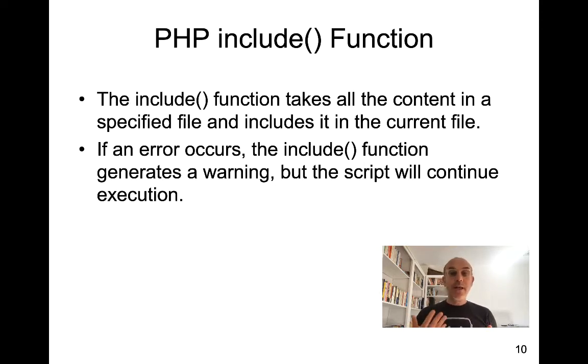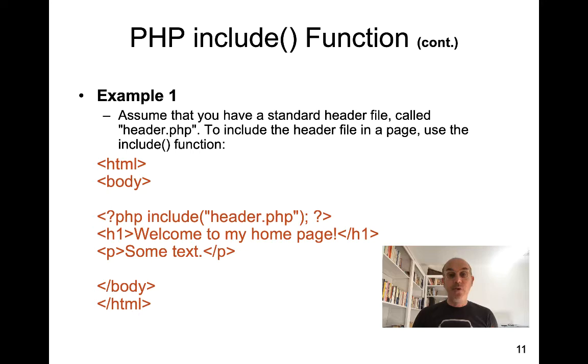So an include function takes the content of a specific file and includes it in the current file. If an error occurs, the include function generates a warning, as I said before. How does it do that? In this example, I have on the server another file called header.php.